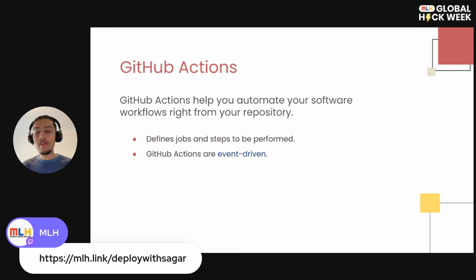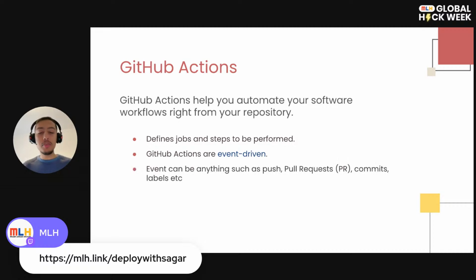These are event driven. That means that the workflows that we write get triggered based on certain events. The events could be anything from a push to a GitHub repository to creating a pull request to having certain commits and labels. Let's say you push a new change to your main branch, then you can configure GitHub Actions to be triggered on that.